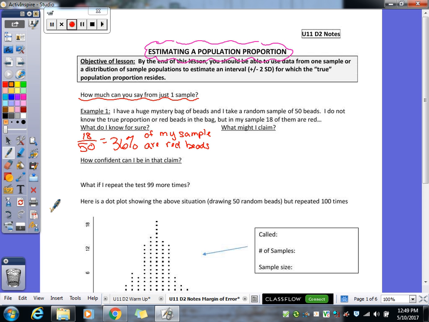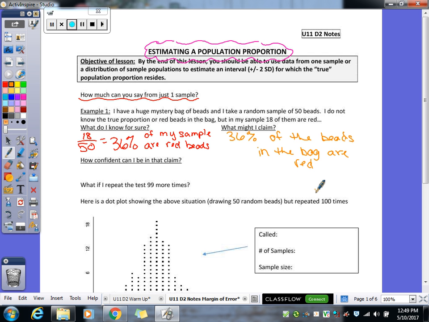So then knowing that, what could we potentially claim about the full population of beads in my giant mystery bag? We could say that 36% of the beads in the bag are red. But can we be very confident in that claim that out of the entire bag, 36% of them are red?